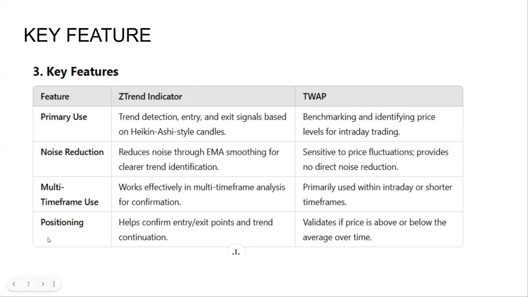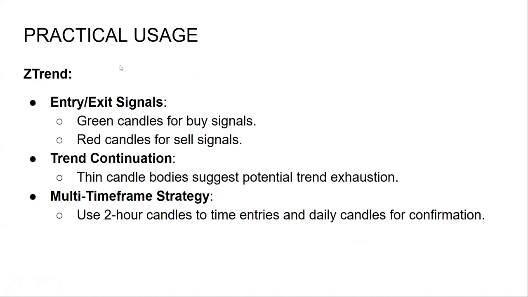So positioning helps confirm entry and exit continuation, and validates if price is above or below the average over time. Practical usage for the Z trend is entry bar and exit signals: green candles for buy signals and red candles for sell signals.